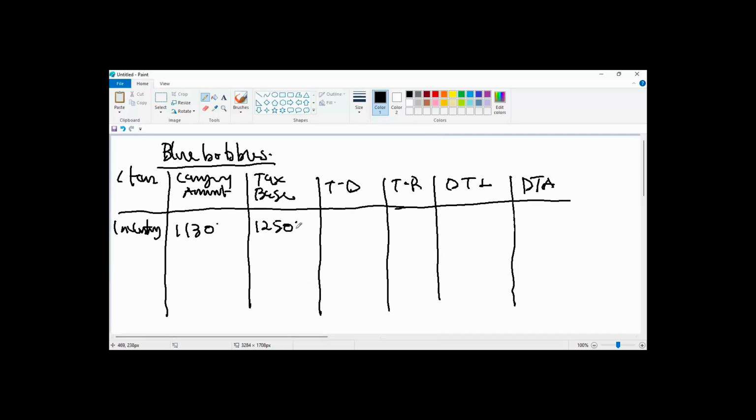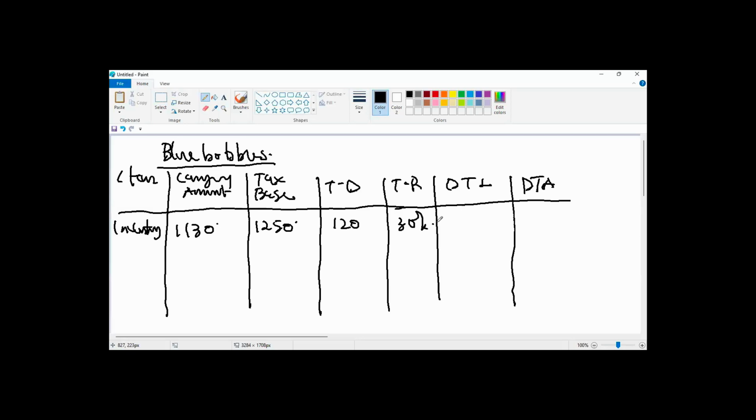Has it created a temporary difference? Yes. 120. What is the tax rate? Is it given in the question? 30%. Is it a deferred tax liability or a deferred tax asset? Asset. Of how much now?